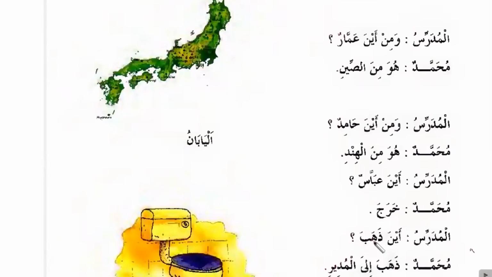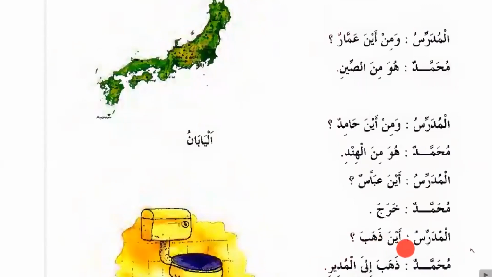I told you the last time that a verb in the Arabic language always comes with the third person pronoun. For example, Zahaba, he went. Kharaja, he left. So it always comes as if the third person ghaib pronoun is attached to it. I hope that is clear.